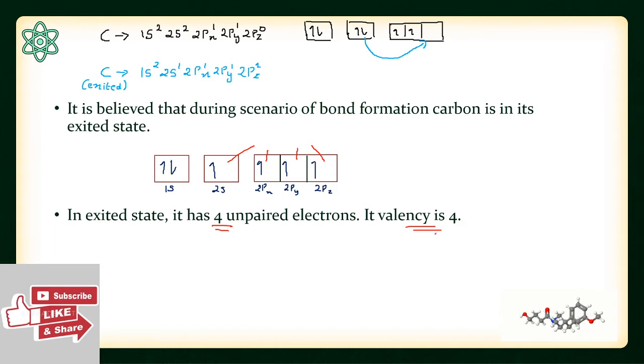Now organic chemistry is basically a case study. Something has happened, we determine that experimentally and we find a reason for it. So this is also a similar case. Carbon is believed to be in the excited state during the formation of bonds.